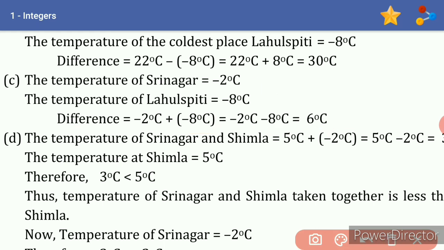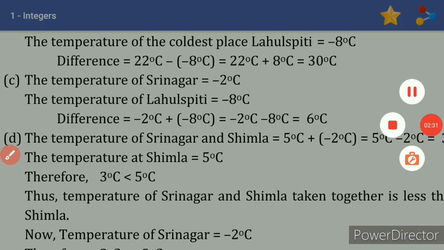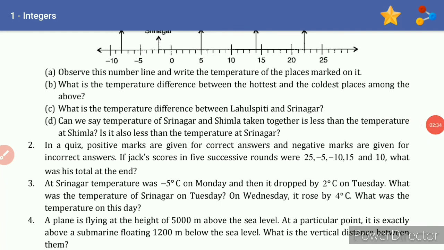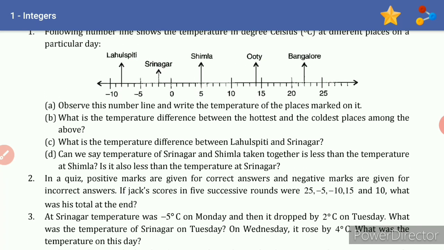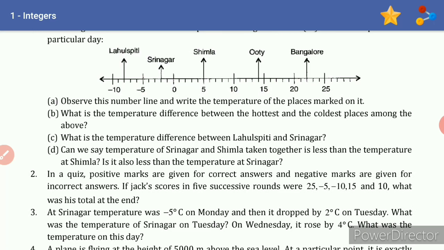Now the last question is: can we say the temperature of Srinagar and Shimla taken together is less than the temperature at Shimla? Is it also less than the temperature at Srinagar? Here we have to combine the temperatures of Srinagar and Shimla. Taken together means we have to add them.